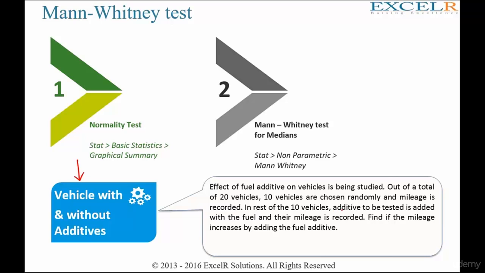In the rest of the 10 vehicles, the additive to be tested is added with the fuel and their mileage is recorded. So for 10 vehicles you did not add additive, and for another 10 vehicles you have added additive. We need to determine whether the mileage increases by adding the fuel additive.